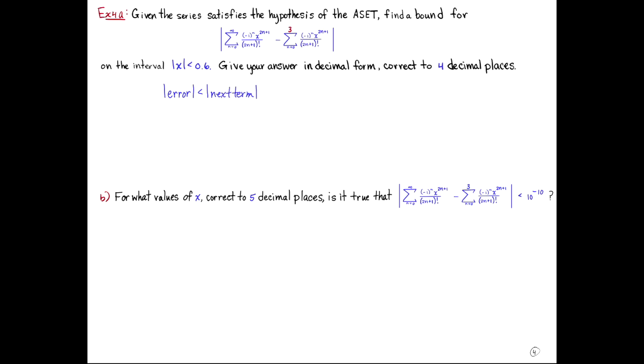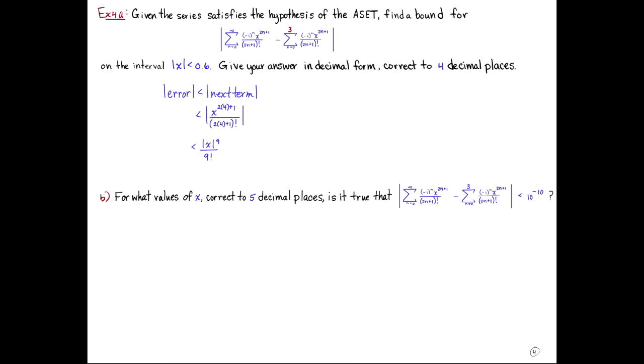We're using the finite sum from n equals 0 to 3, and so the first term that we're not using is when n is equal to 4, telling us that the size of our error will be less than the absolute value of x raised to the 2 times 4 plus 1 over 2 times 4 plus 1 factorial. This simplifies to less than the absolute value of x to the 9th power over 9 factorial.